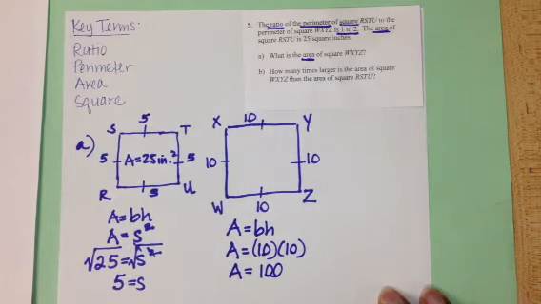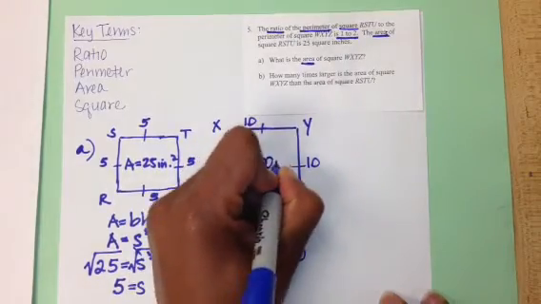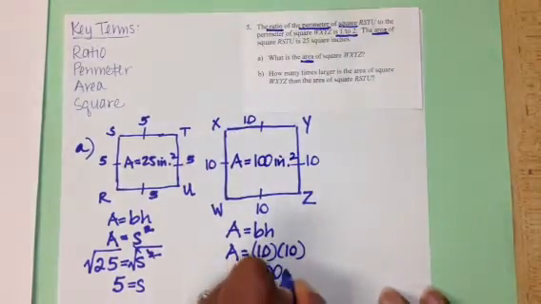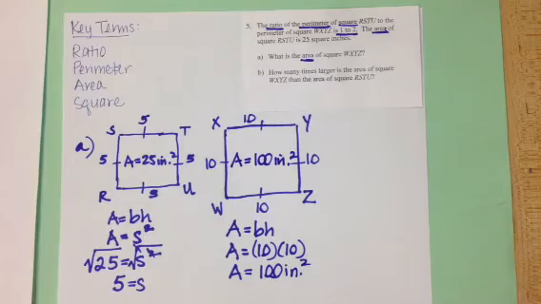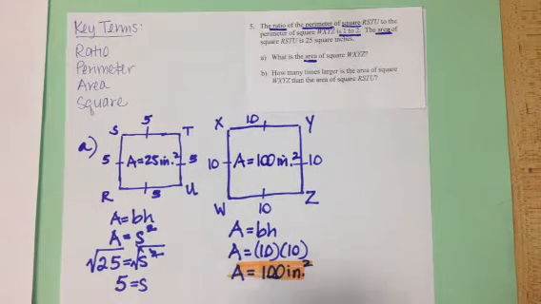So that means that the area of square WXYZ is 100 inches squared. That is our answer for part A. Part A is 100 inches squared.